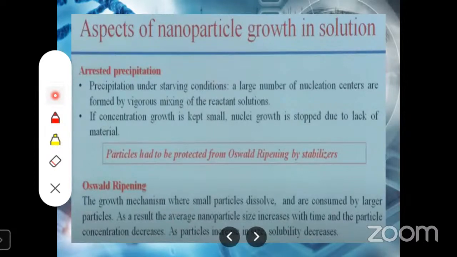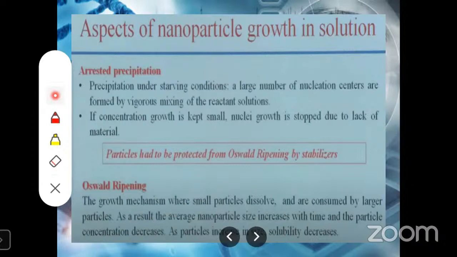When we make nanoparticles, we have to mix the reaction solutions vigorously. When you mix vigorously, you will have a larger number of nuclei. And here, if you keep the concentration for growth small, the nuclei growth will be stopped due to the lack of materials.